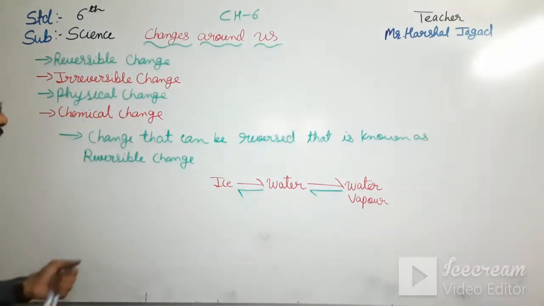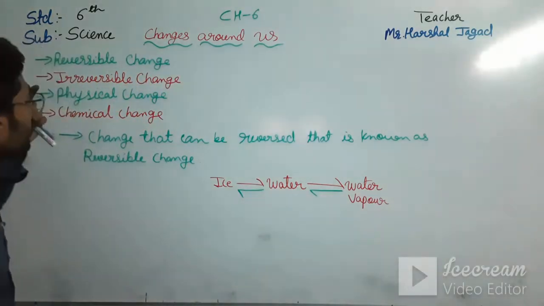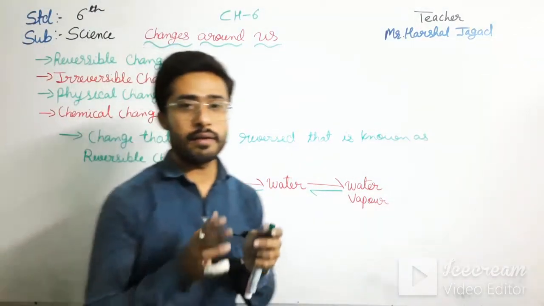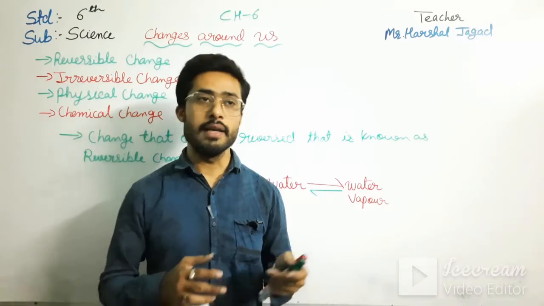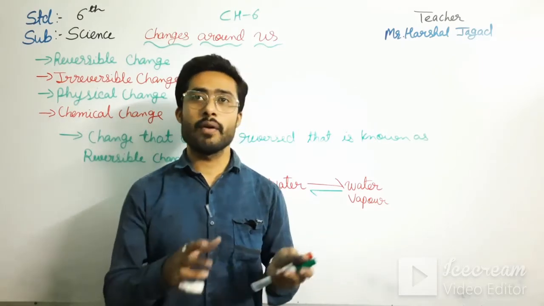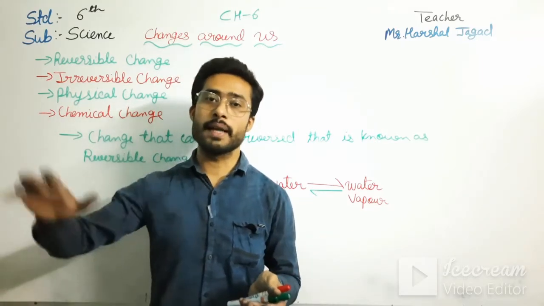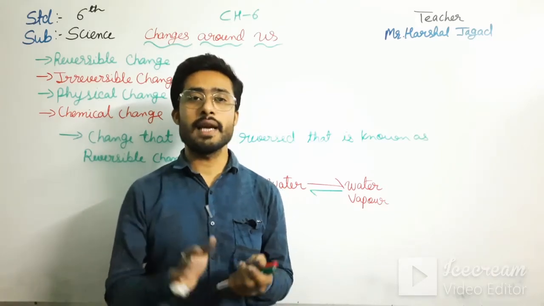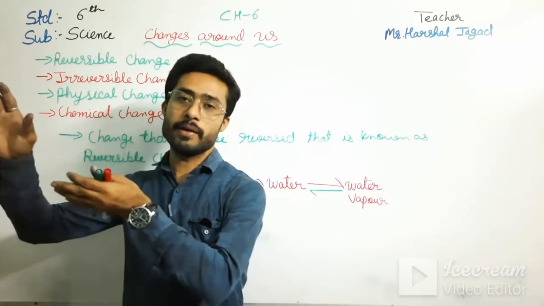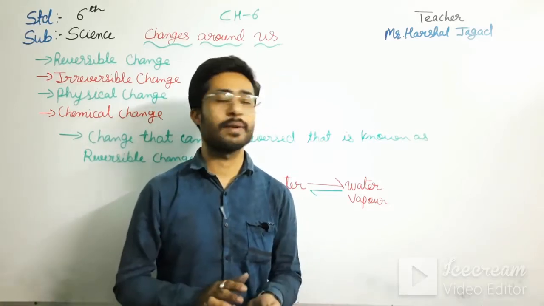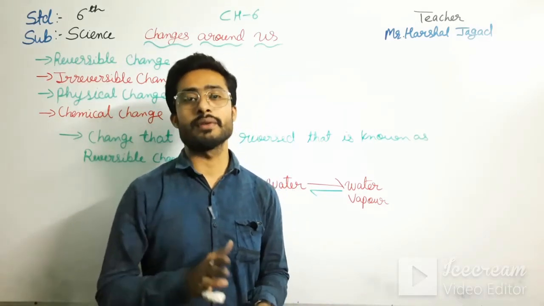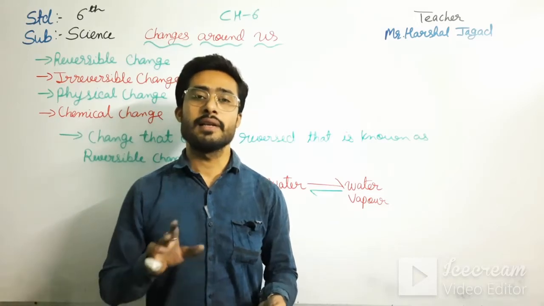Now moving forward to the irreversible change. If I am just talking about humans, when a human is born and then grows and grows, has anybody noticed an old-age man becoming smaller and smaller? No, that is not possible. So that is irreversible change.